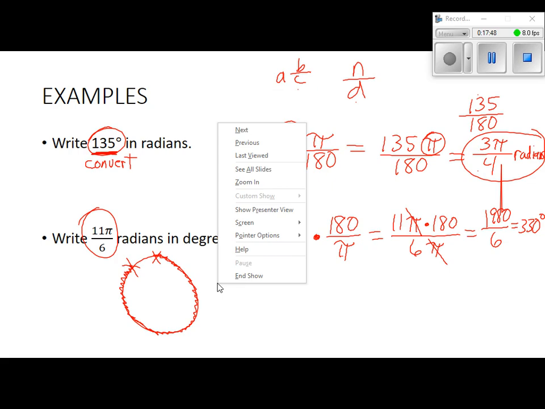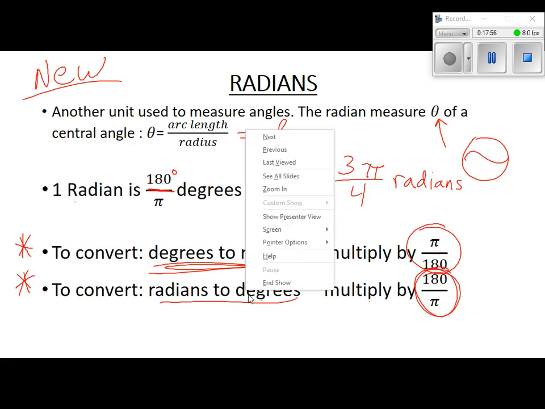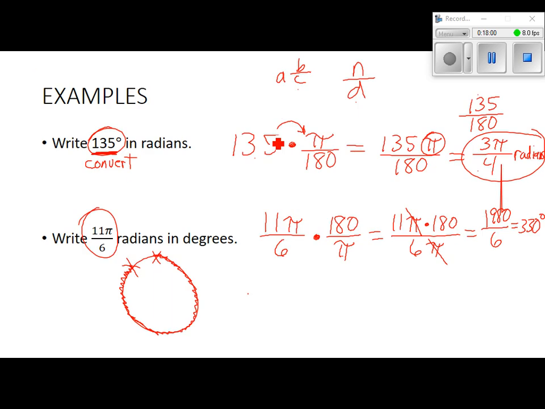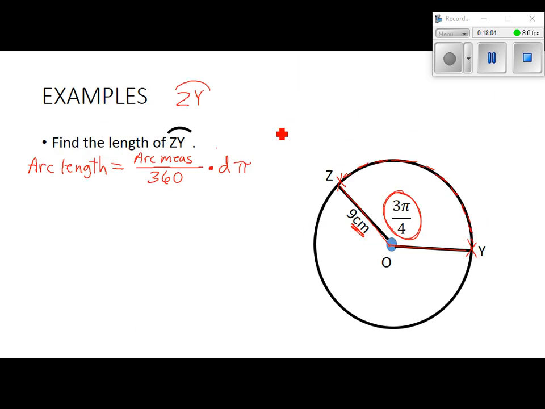If I go back here, to change it from radians to degrees, we multiply by 180 over pi. So if we hadn't already done that one, then we just do that to change it. So 3 pi over 4 times 180 over pi.